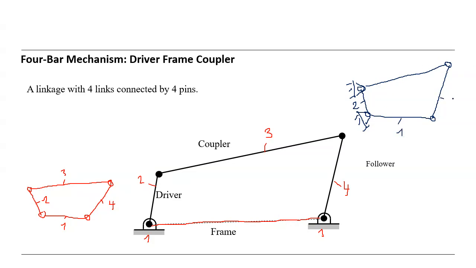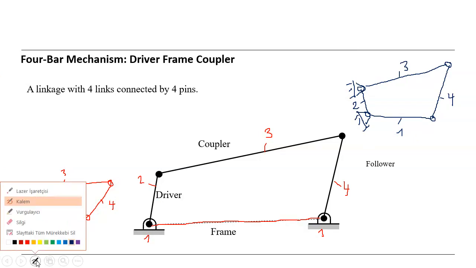and this is 4, and this was 3. But normally, for the grounded member, we use 1. So this is not correct, what I did here. But I want to show you, if we change the grounded member, we have another, different mechanism.